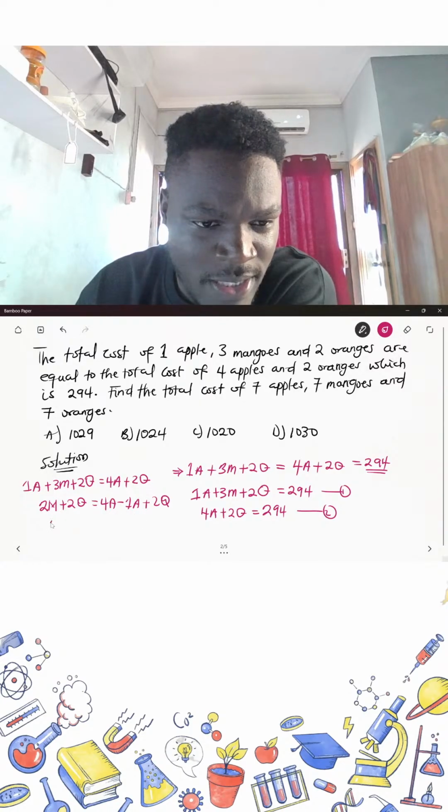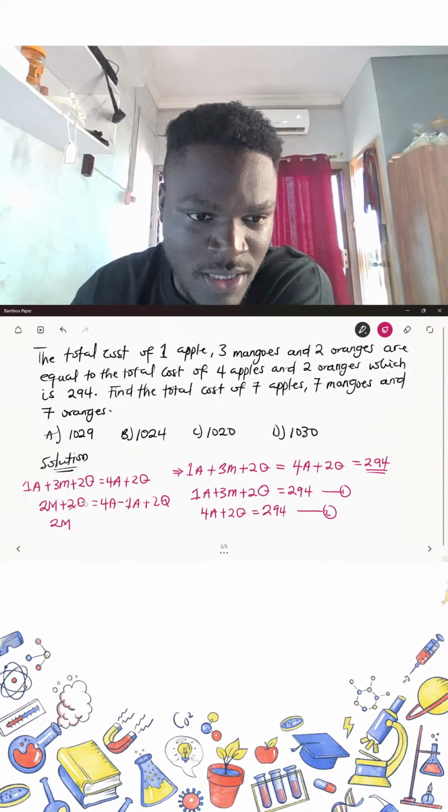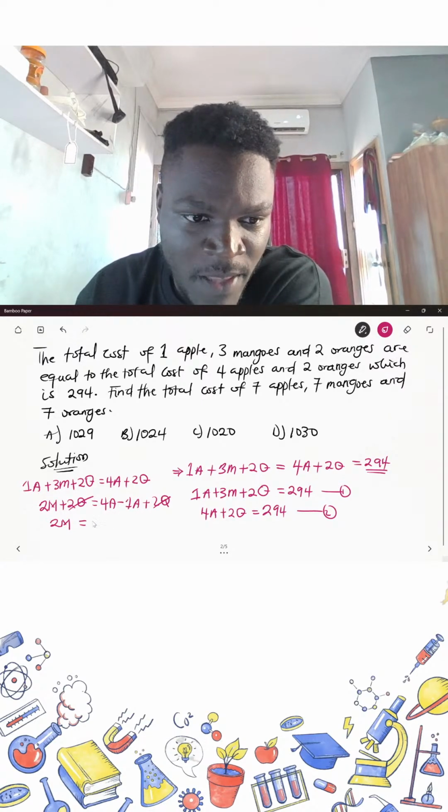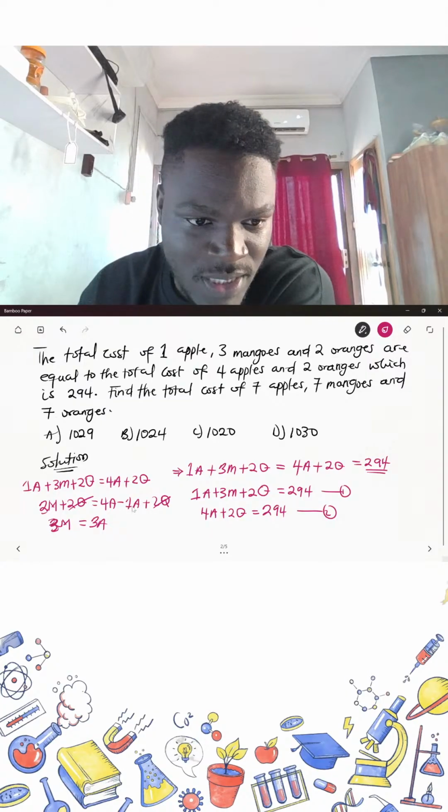The 2O over here and the 2O over here will cancel each other out. So I'll have 3M is equal to 4A minus 1A, and that will give me a total of 3A. Sorry, this is 3M. So 3M is equal to 3A, which technically means A is equal to M.